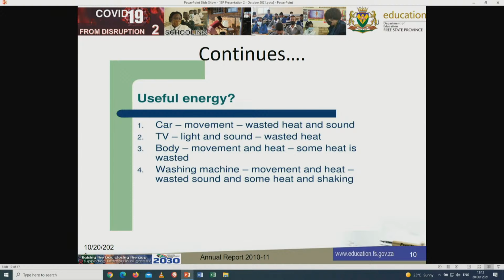Let's take the following examples. In a car, energy is very much important for what? Movement of that car. But also it is going to be wasted in the form of heat and sound that will come from that car.